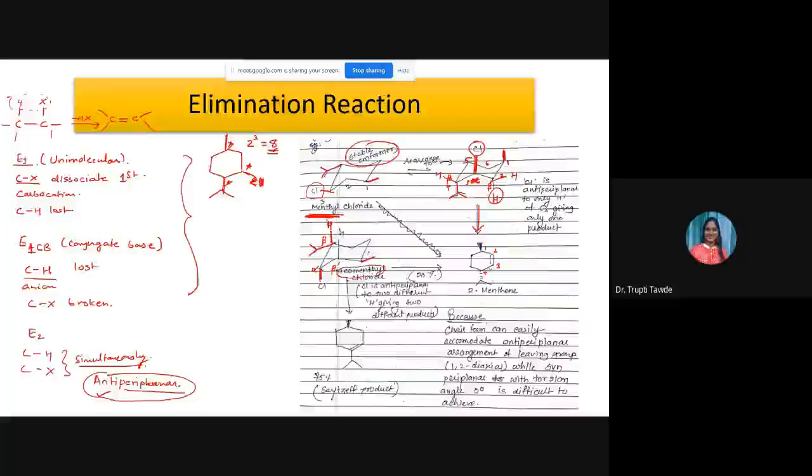So if I number this 1, 2, 3, 4, 5 and 6, can the double bond be formed between 3 and 4? Yes. And if it is formed, I'm going to end up with this product. This is called 3-menthene.